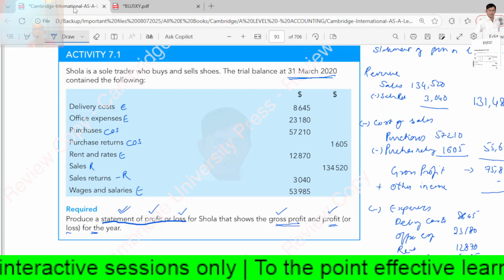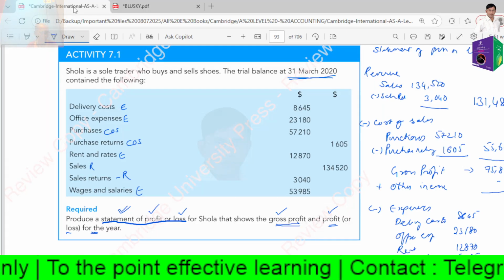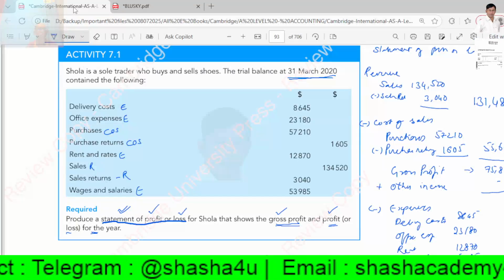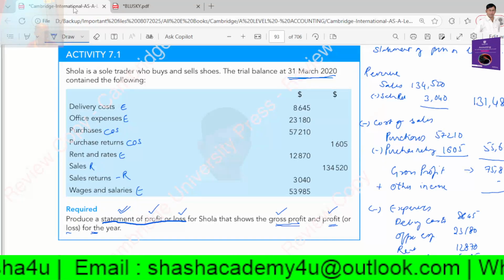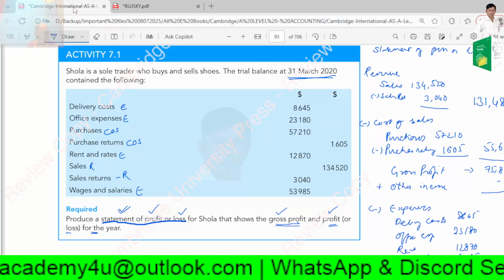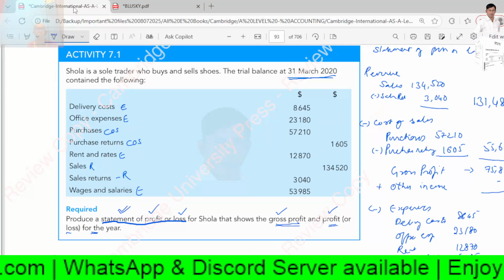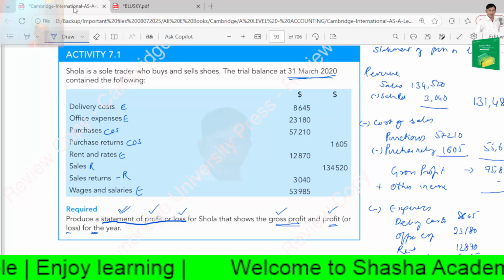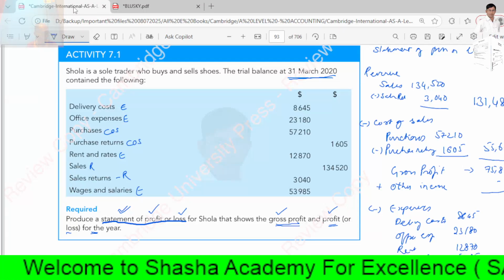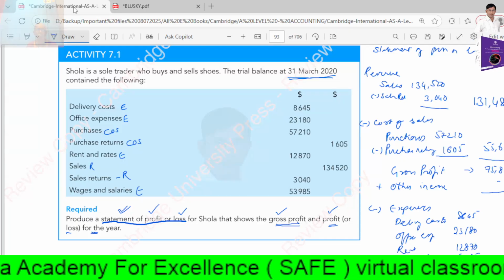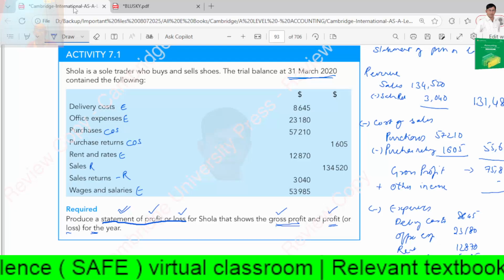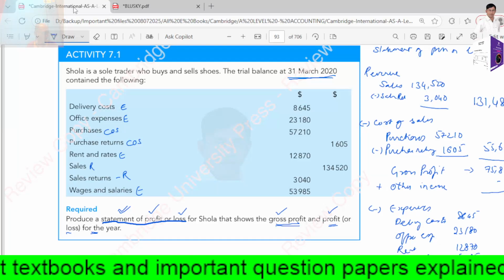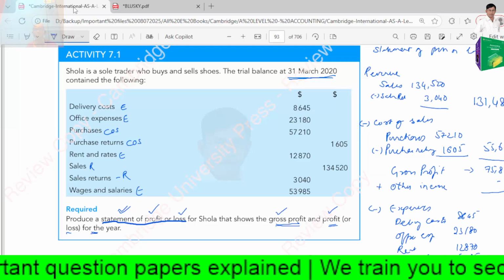So now you add all this. 8645 plus 23180 plus 12870 plus 53985. That will give you 98680.